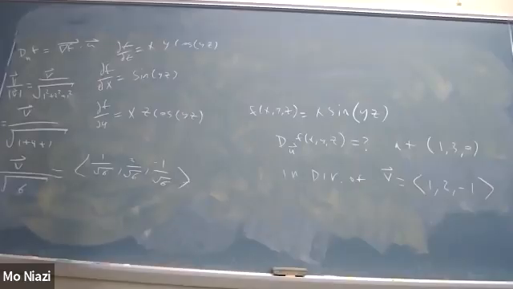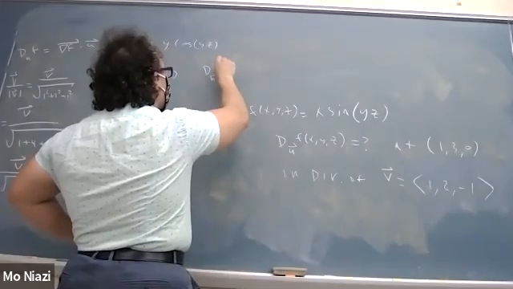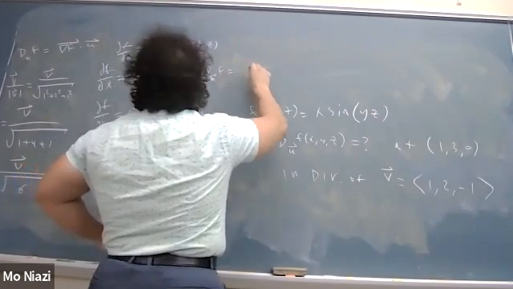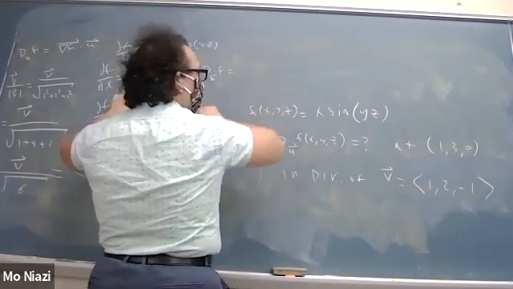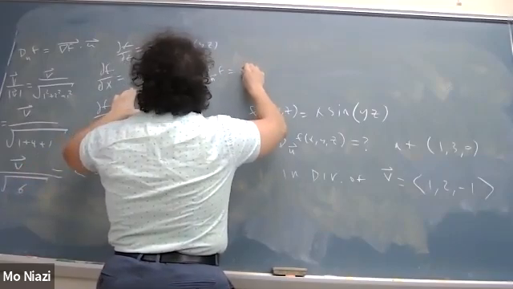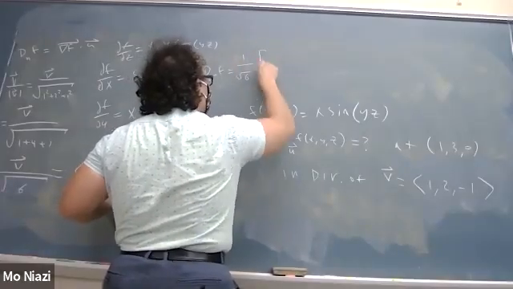So the directional derivative is del f dot u. So it becomes our x, 1, times our u. I'm going to factor out a square root of 6 out of the whole thing.